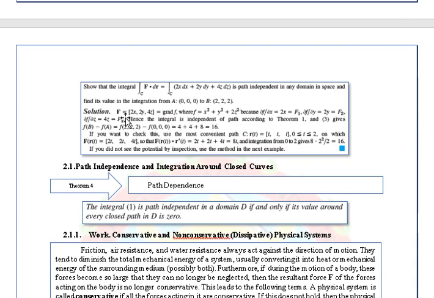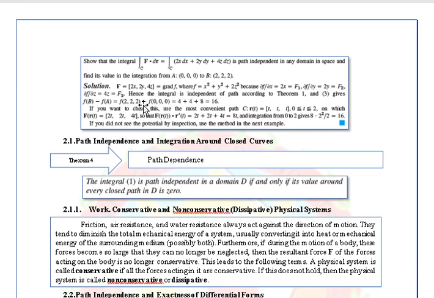Kung titingnan natin, since we have already assumed here that it is path independent, if we substitute the points A and B to that function, it will result to this one, the same result as if we try to take the line integral of that function along the path A and B. So it will still result to 16 pa rin.